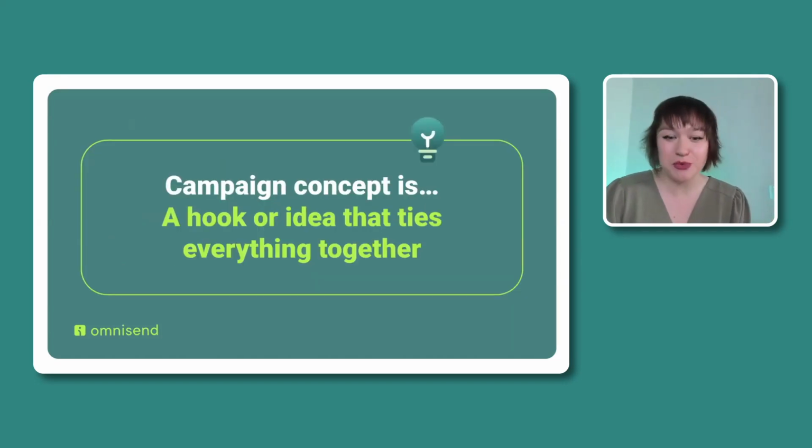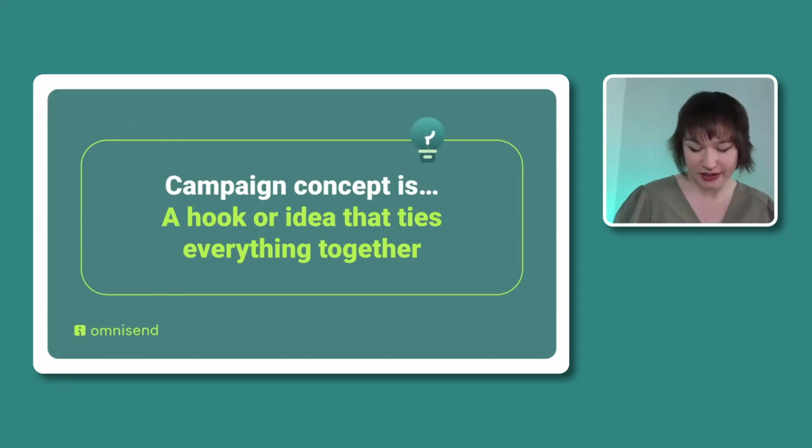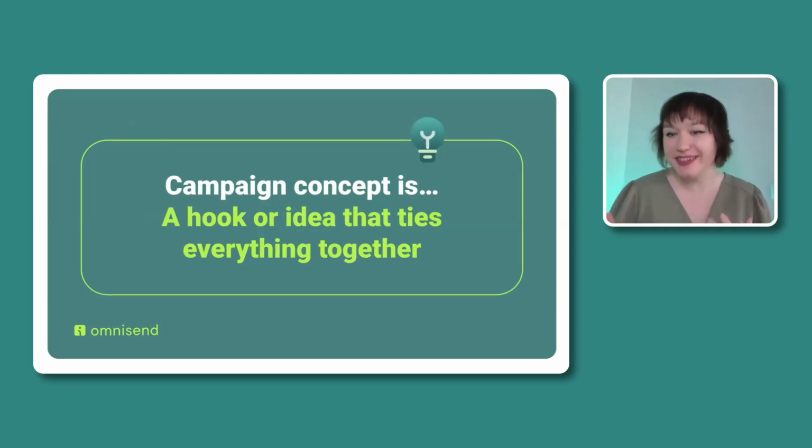Yes, I already mentioned the word campaign concept. So what is that? Campaign concept is a hook or idea that ties everything together. I sometimes call it campaign angle as well, just to explain it as in which way you approach this campaign. What's good about the campaign concept is that when you have this angle or idea, then the rest is kind of easy.